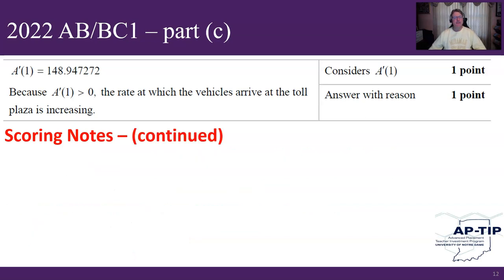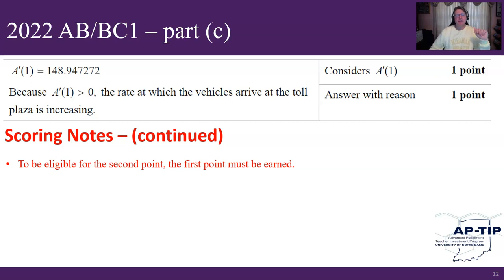All right, and then furthermore, in order to be eligible for the second point, the first point must be earned. So when you score this, especially at the reading, when you're scoring so many of these problems, it's always very easy: if you don't have that first point earned or in the bank for the student, then you really don't have to worry about what the student wrote for their reasoning.